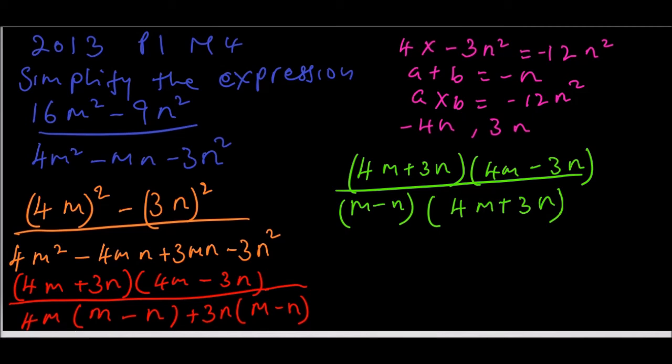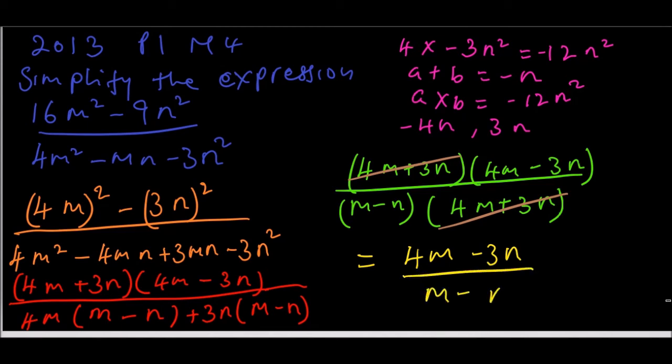So at this point, you realize that we can cancel, 4m plus 3n with 4m plus 3n, you get 1. So we cannot change what has remained, and therefore our answer should be equal to 4m minus 3n, you divide by m minus n. So that's how you are supposed to do that, and you get 3 marks.